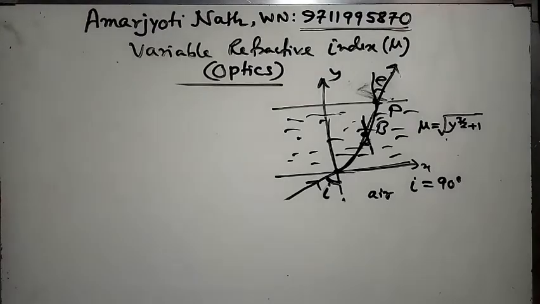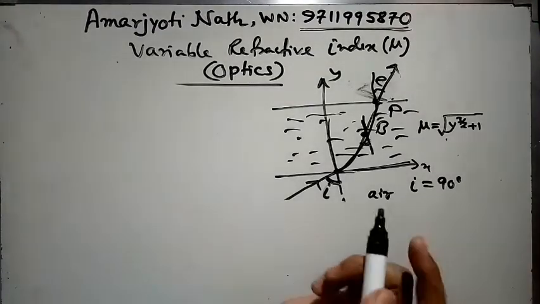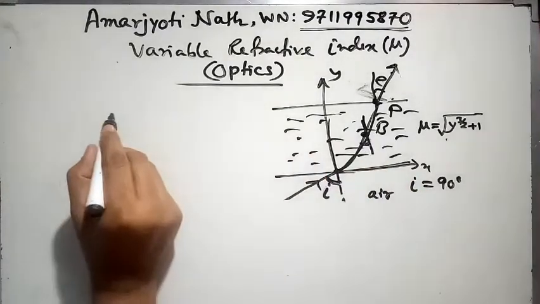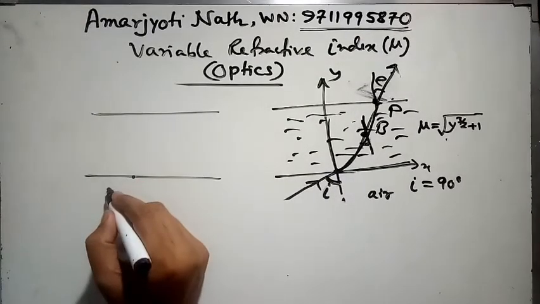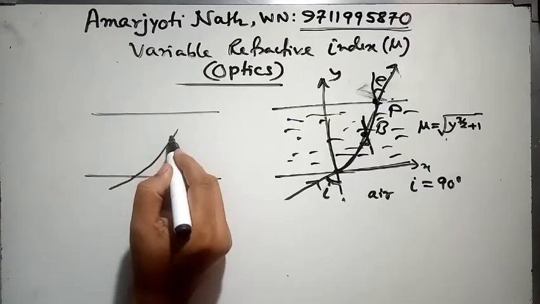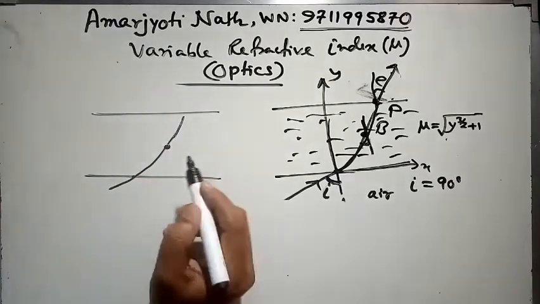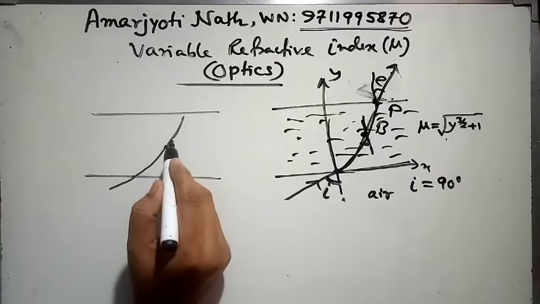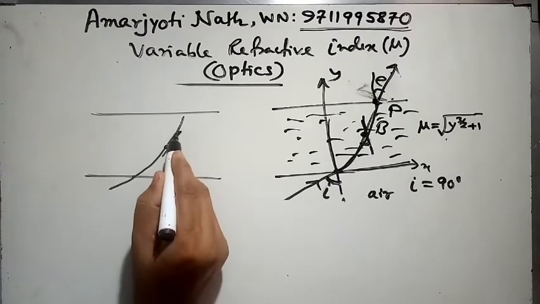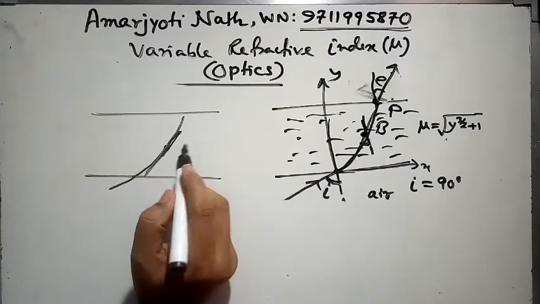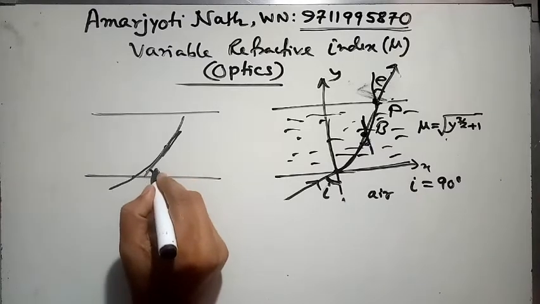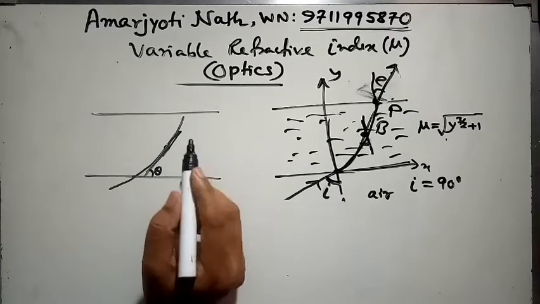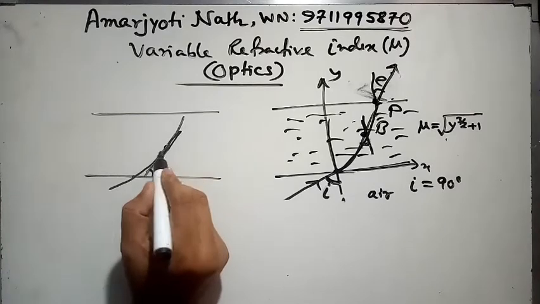Okay, good. Say this is the medium, this is the origin, and the ray is going this way. So this is a point at any moment. Let me draw the slope here. So this is the slope, say at angle theta; tan theta is the slope at this point.